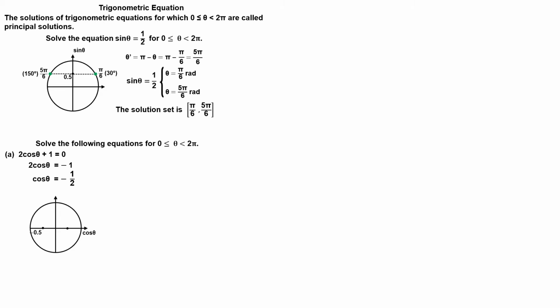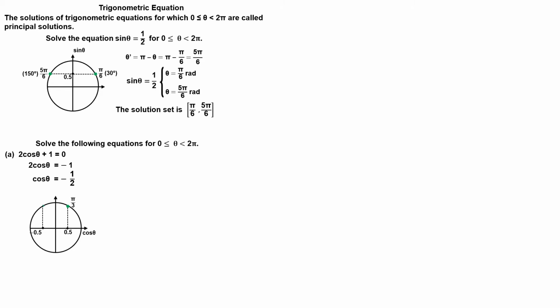The reference angle is the acute angle from the first quadrant, and in the first quadrant, the trigonometric functions are positive. Therefore, when calculating the acute angle, we ignore the negative. Cosine of theta equal to 1/2 gives us a reference angle of 60 degrees, or pi divided by 3.